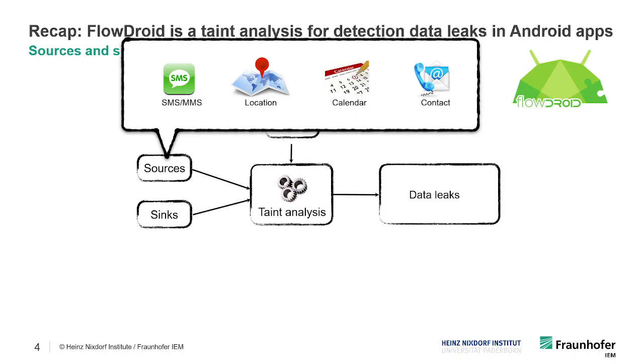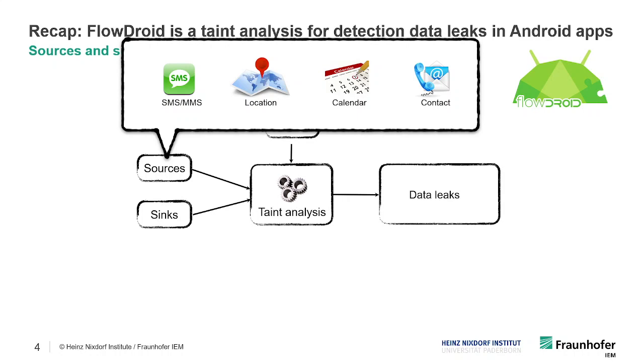In the context of Android applications, one would like to find out, for example, whether confidential information stored on the device can be leaked through the application to other components or to other devices, or to be sent somewhere over any network.